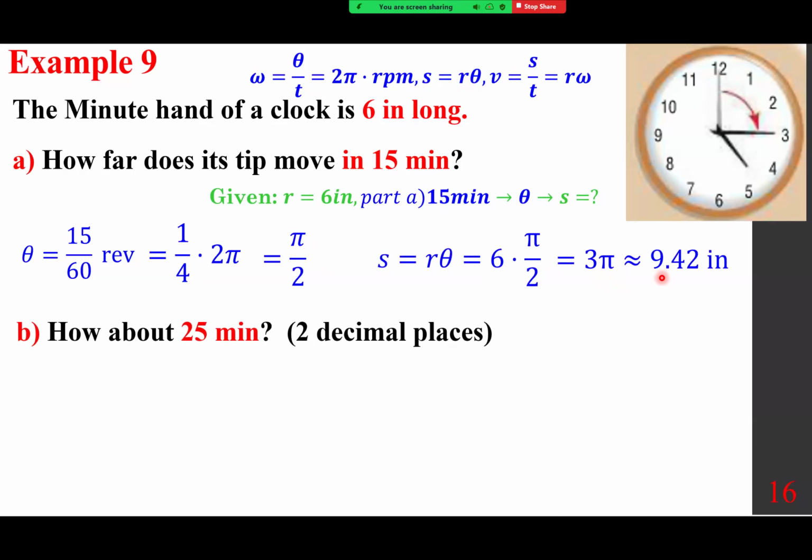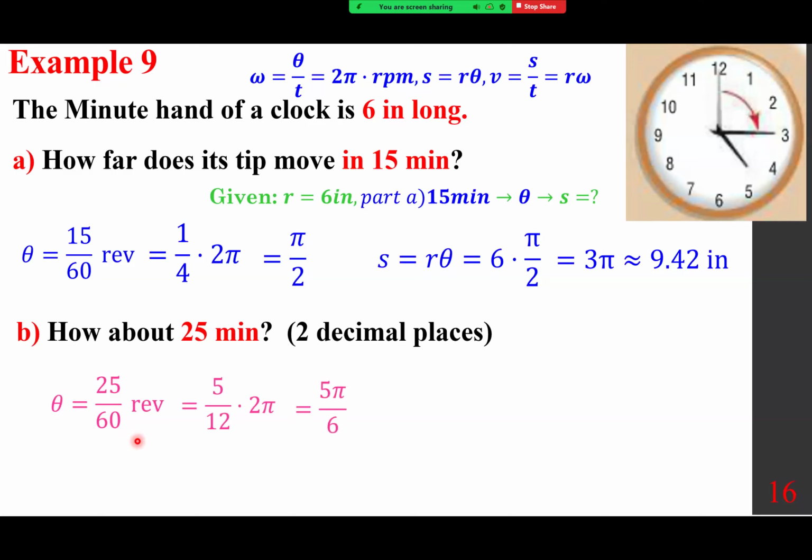Same question, 25 minutes. So we go back here and we say theta was 15/60, now it's 25/60 of a revolution, right? 25 instead of 15, which makes it 5/12 times 2 pi, which makes it 5 pi/6.